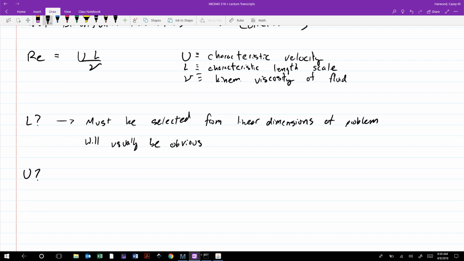What about U? Well, the only velocities we have taking place in these cases of free convection, right, are those created by buoyancy.